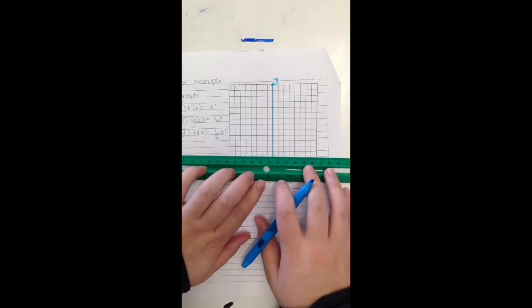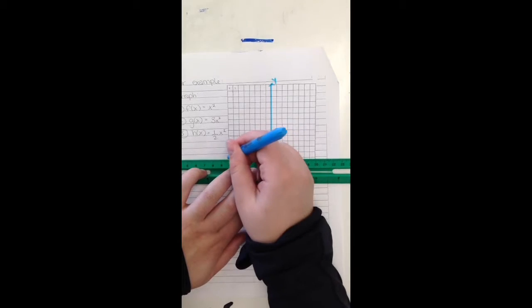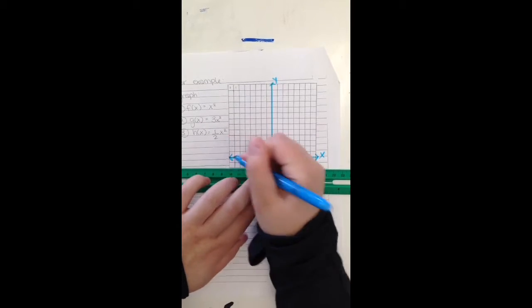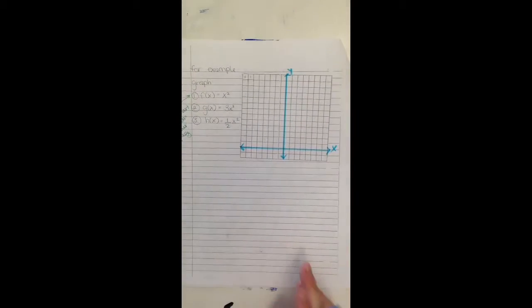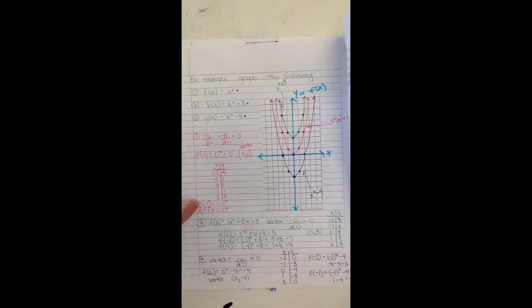I'm actually going to draw this on the bottom. I'm going to draw that y or x-axis down towards the bottom. So we're going to use this t-chart for the parent function.